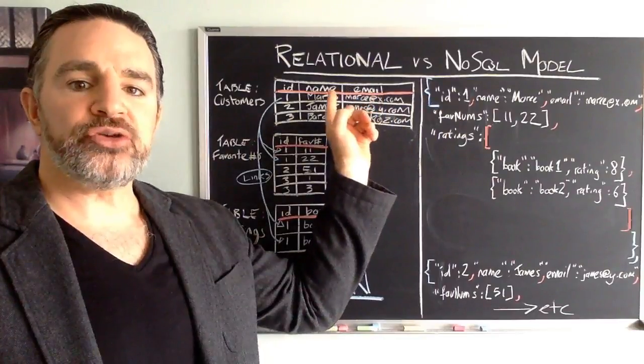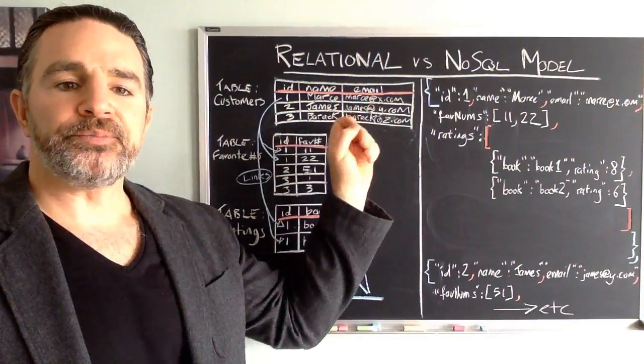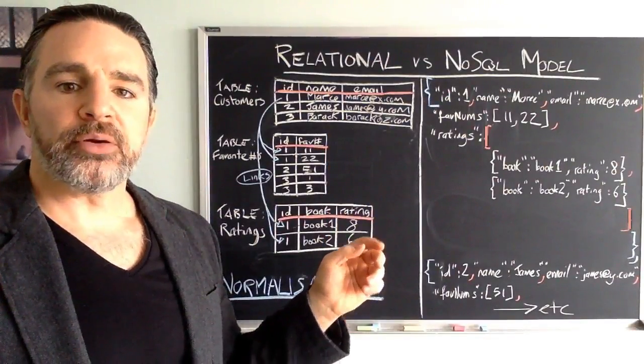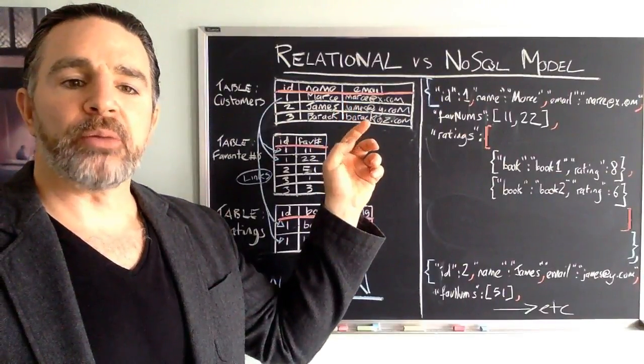Now that's going to create duplication of both her name and her email address. Now, this is the problem not just in the fact that it's taking up extra storage space, but also the fact that duplication of data can be a problem.